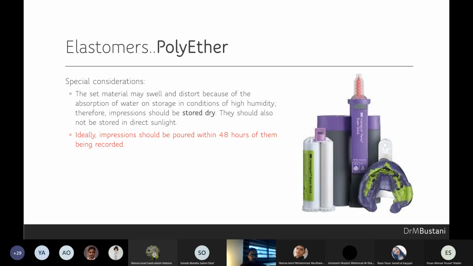Because there are no byproducts, in theory you can store it indefinitely, but because of the water problem, it should be poured within 48 to 72 hours. Okay, so it's more accurate if you pour it faster, or right away.